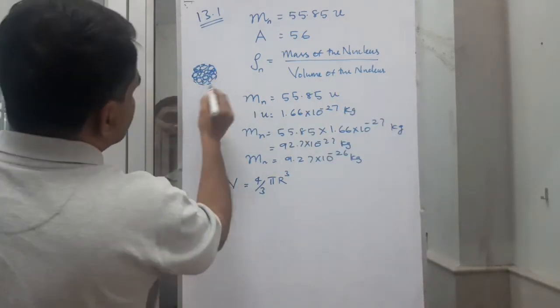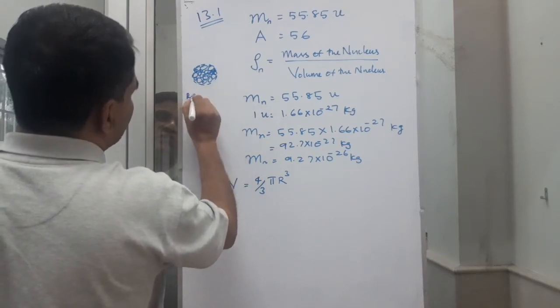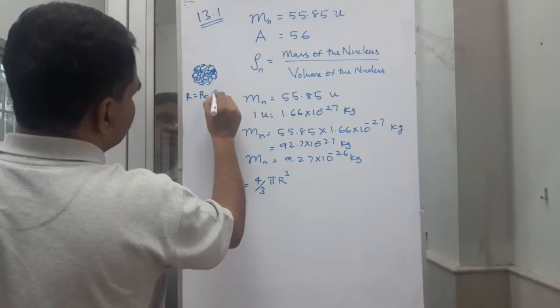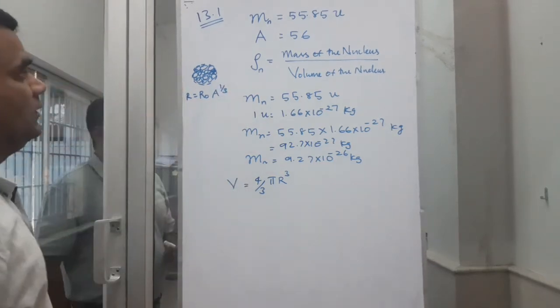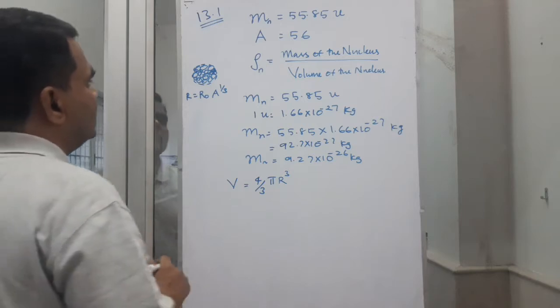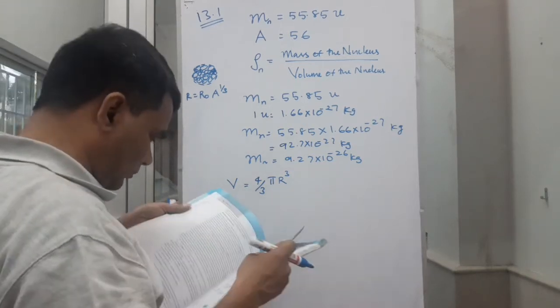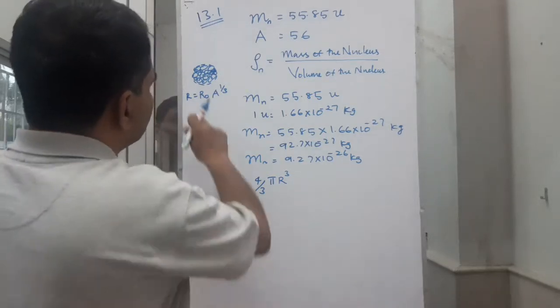We said this r was equal to this r naught into A to the power 1 by 3.